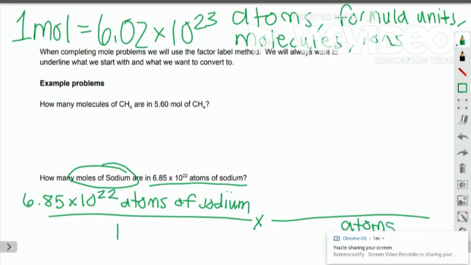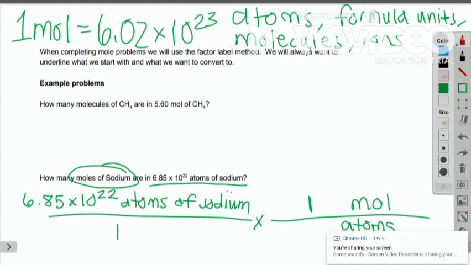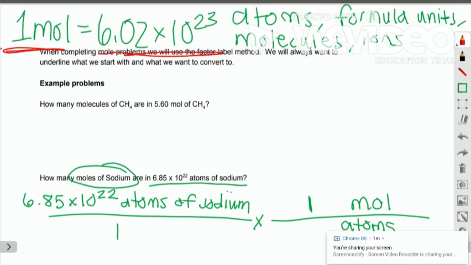If we take a look at the top of our screen, it says 1 mole equals 6.02 times 10 to the 23rd atoms. So we're going to have moles on top now because that is what we are trying to get to. If we read that conversion factor, next to the mole, you will have 1 mole, just like in the conversion up here, 1 mole is equal to this many atoms.